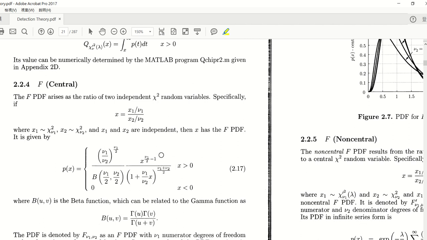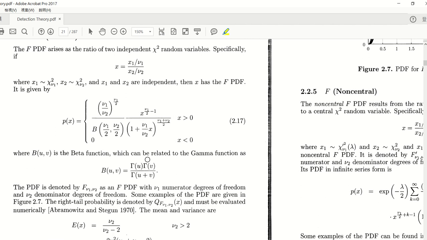This whole thing is well defined, so we don't have problems with this. Okay, then the only thing remaining is the B function. So we'll take a look at the B function.